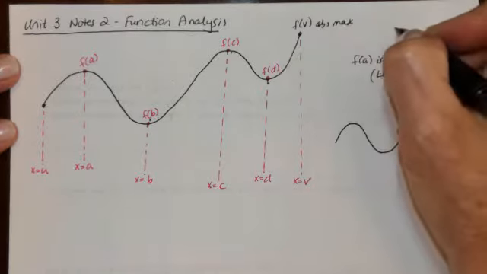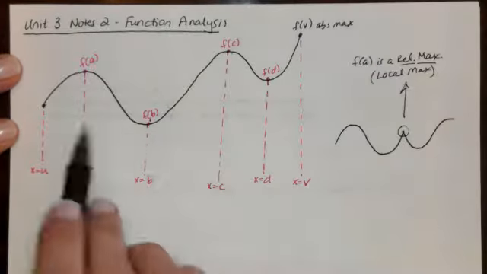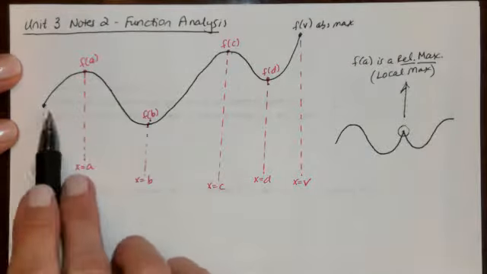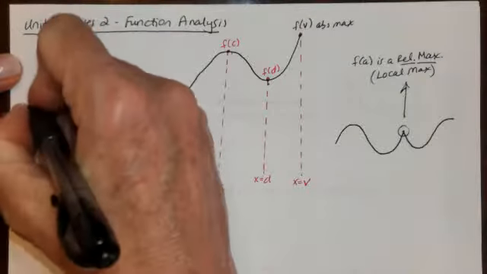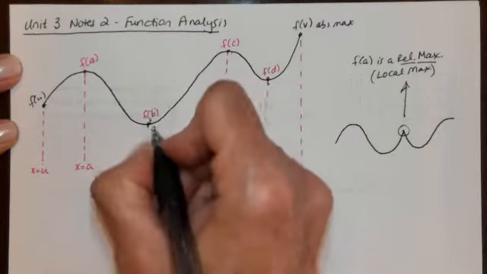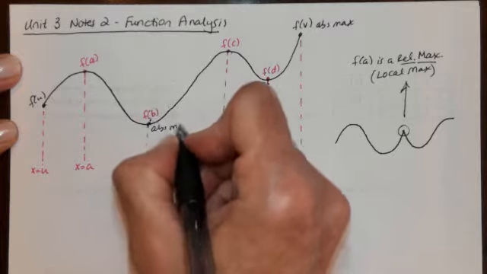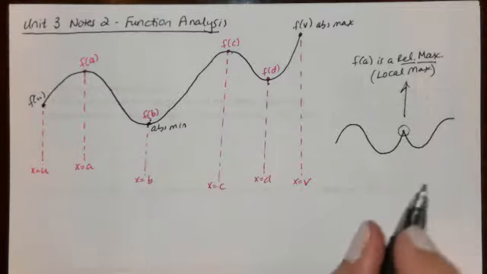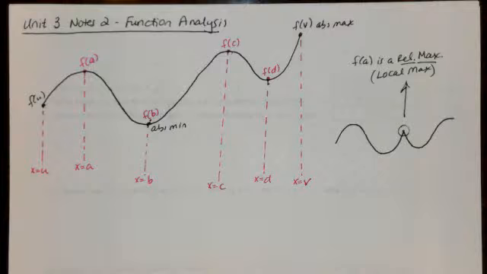And in this one, it looks like f of b is slightly lower than f of u. So in this case, f of b would be the absolute minimum value of the function. Okay, so we have increasing, we have decreasing, relative max, relative min, absolute max, absolute min.